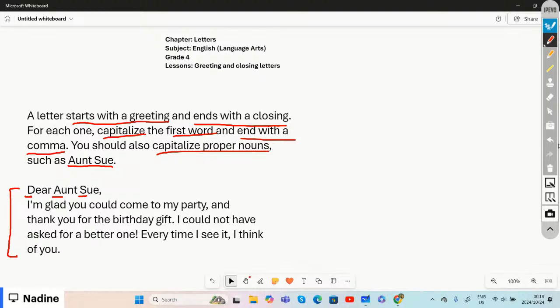If we were to come up with an ending, what would be our ending after we just wrote a letter like this? What would be our ending?